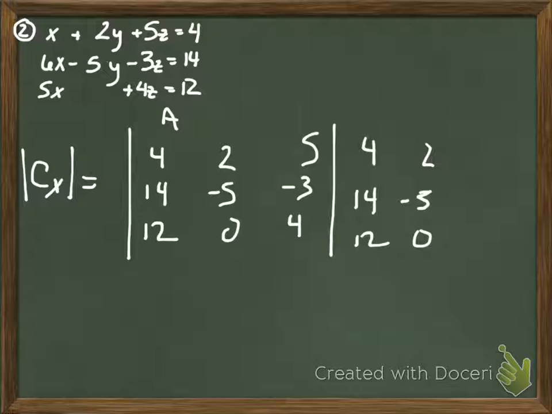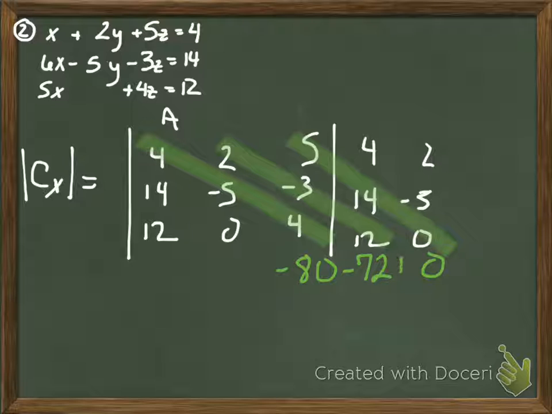And so my downs minus ups. My first down is negative 80. Then I have negative 72. And then 0, giving us negative 152.